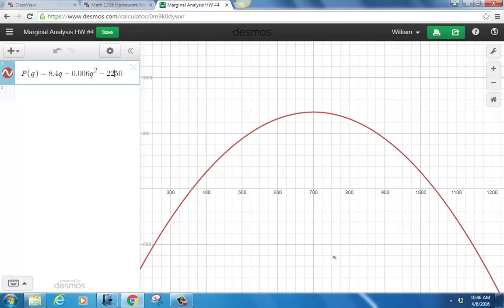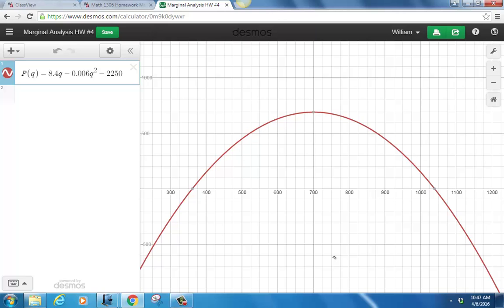Because that's where we're to finally have there. So that looks like the graph, right? That a production close to 700, rather large.